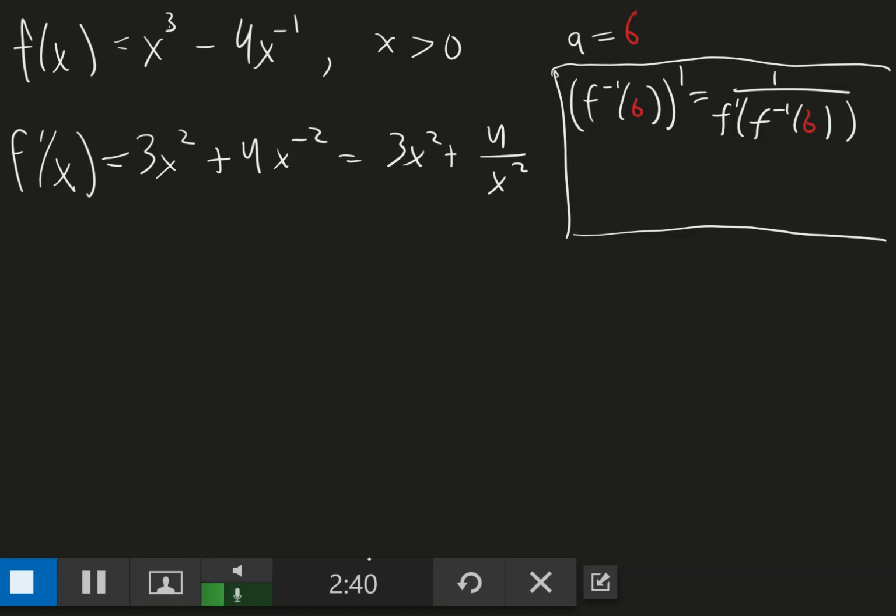Okay, so I need to first evaluate the inverse of f at the value of 6. Well, I don't have the inverse function, and switching x and y would put multiple y's over here, and that might be kind of hard to solve for, so I don't want to go that route.